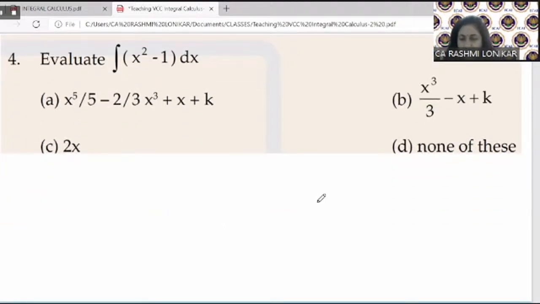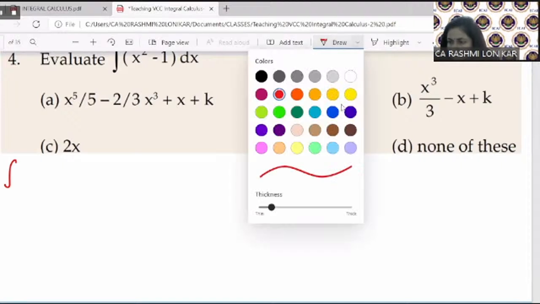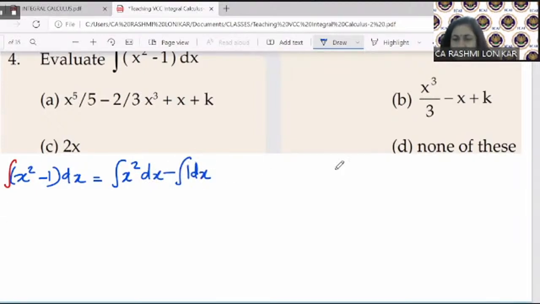Now the fourth sum is the integral of x square minus 1 dx, which is equal to the integral of x square dx minus the integral of 1 dx. So what is this?